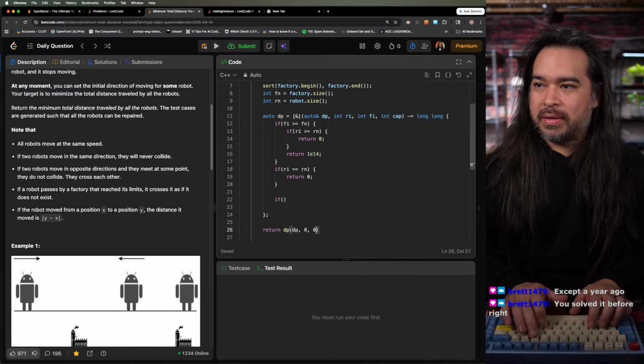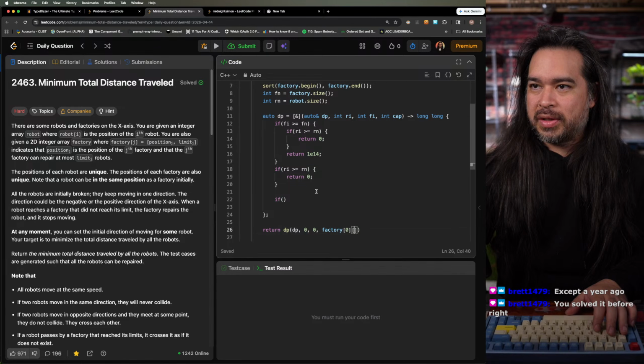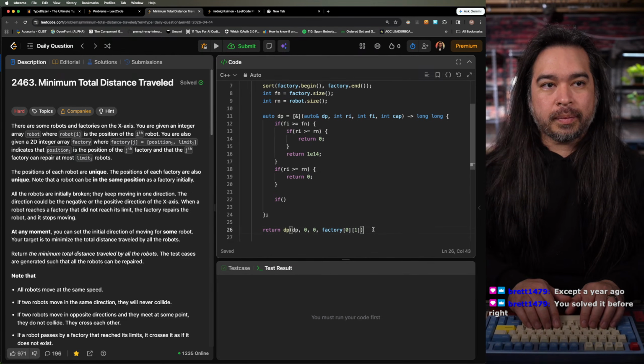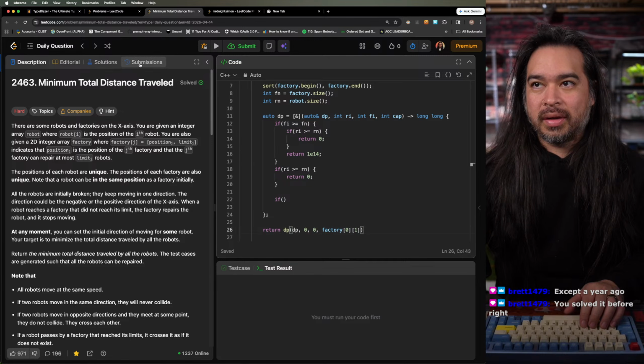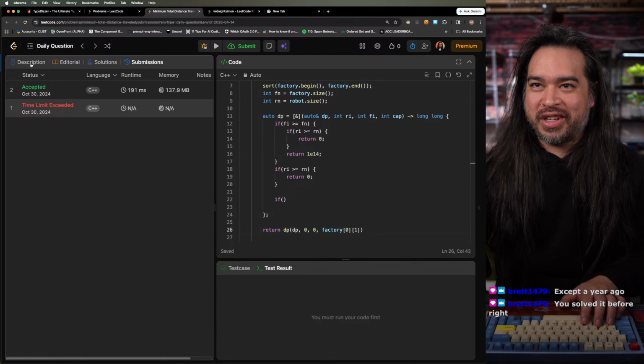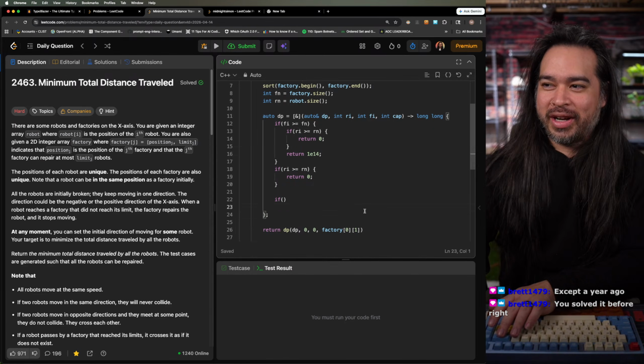We start at 0, 0, and then this is gonna be factory 0 dot... what was it? The position and the limit. So the position is the first one, the limit is the second one. Man, we'll see, Brett. It says I solved it, but when I see the code, I'll know if it's mine or not.